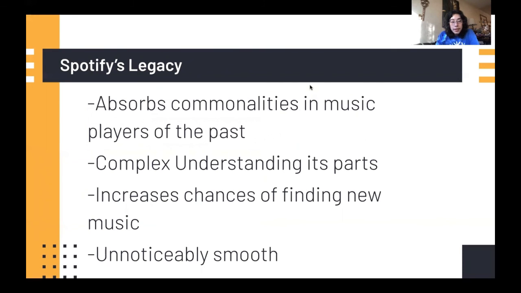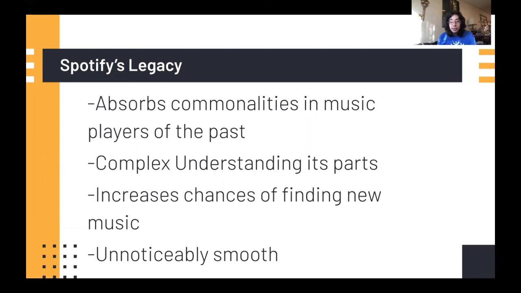And what is Spotify's legacy? Spotify's legacy, or at least its design legacy, all has to do with absorbing commonalities in the music players of the past, as we spoke earlier. Having that understanding of all of its parts makes it so smooth, and it just understands what the user really wants, which is to be able to look for more music and understand what they're looking at.